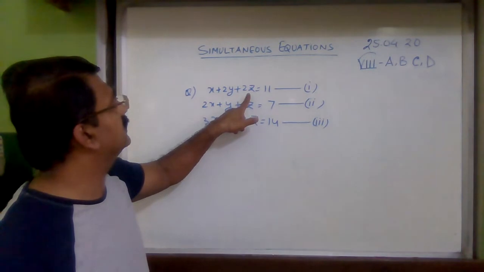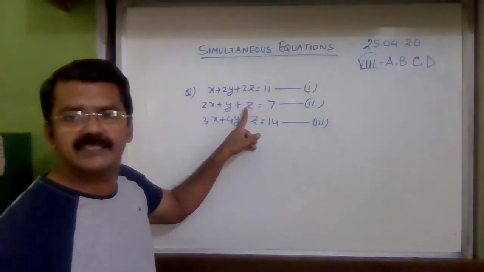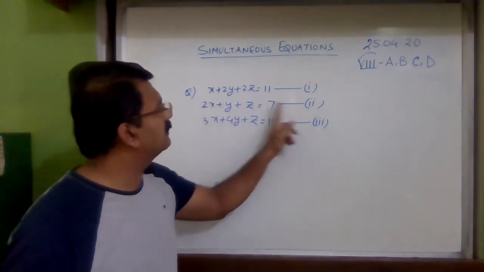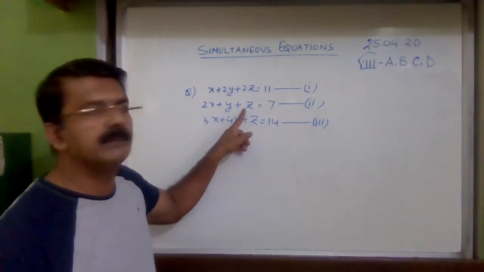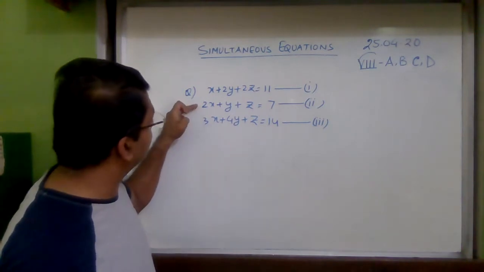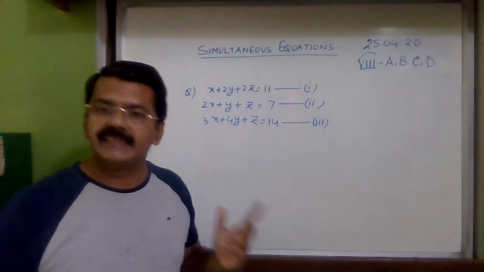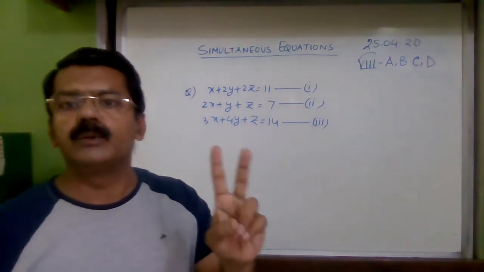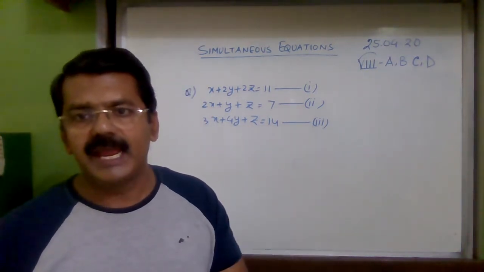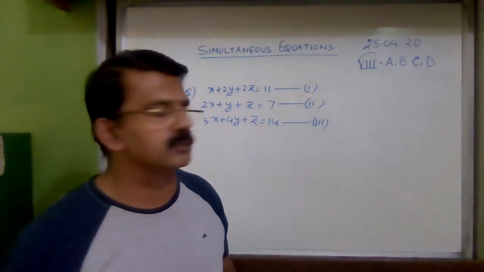In the first equation, the coefficient of z is 2, and in the second equation, the coefficient of z is 1 only. So if you multiply the second equation by 2, then it will become 2z, and then z can be eliminated. Then again by the second and third equation also, we will eliminate z. In that case, we will get 2 equations in x and y, and after that the process remains the same as we did in the previous question.